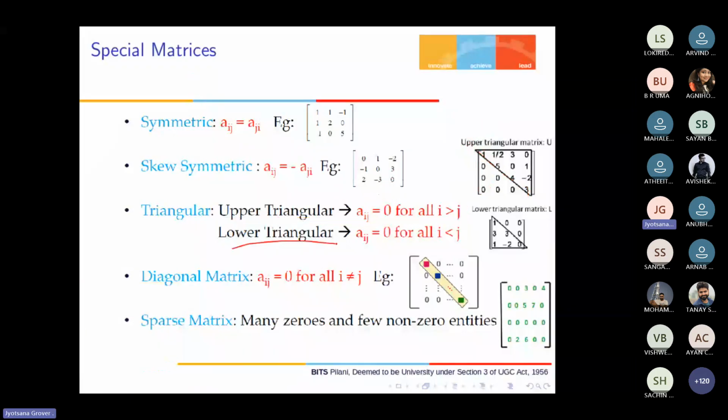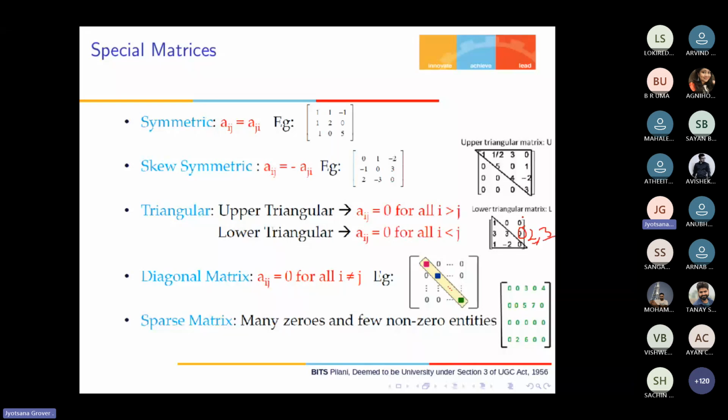What is lower triangular? All entries above the diagonal, they are 0. So here i is for row, j is for the column. See, this entry is say 2, 3. 2 is the row number and column is the 3. So here i is less than j.